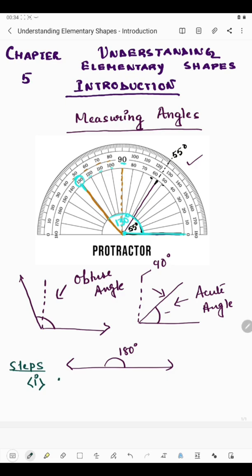Step number 1, the center of the protector is on the vertex.